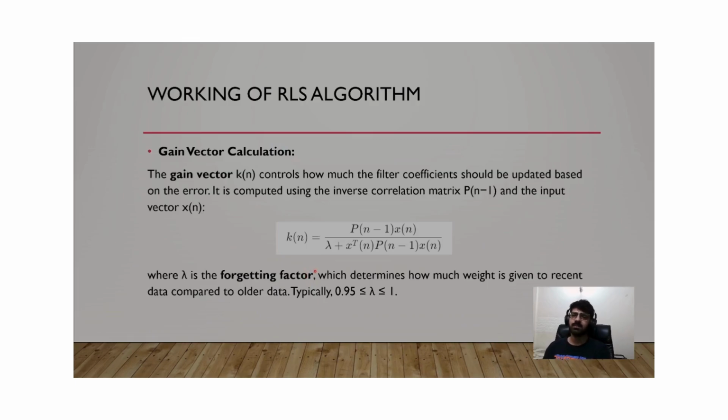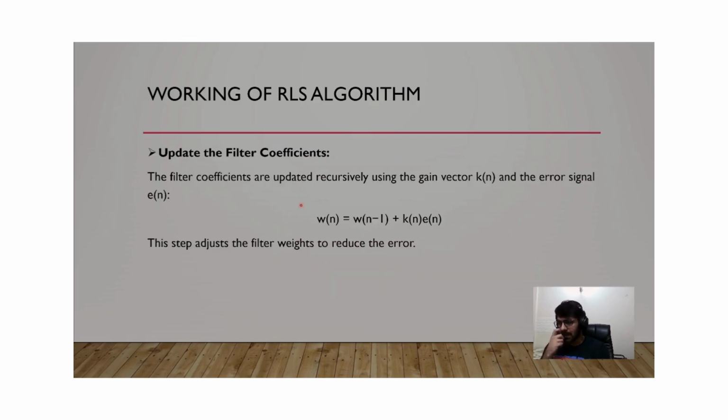Typically, lambda is between 0.95 and 1. Then we update the filter coefficients. The filter coefficients are updated recursively using the gain vector Kn and the error signal En. Here are the new filter coefficients for this recursion. This step adjusts the filter weights to reduce the error.